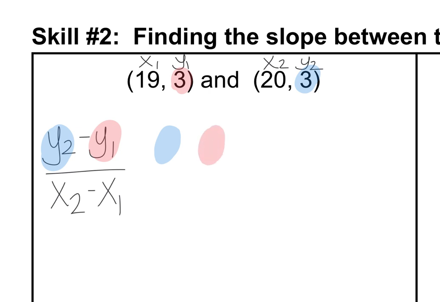So on the top, I'm going to have 3 minus 3. And then on the bottom, I'm going to subtract my x values. So on the bottom, x2 is 20, and then x1 is 19. So I'm going to have 20 minus 19.